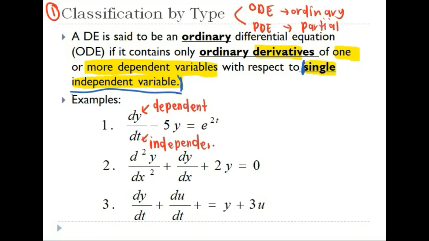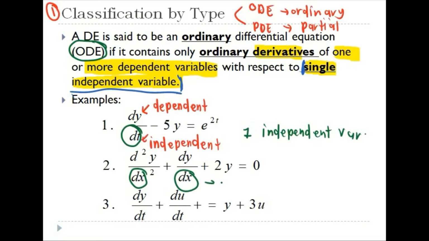So for ODE, it must contain only one independent variable, meaning you have to look at the denominator here. For the second example, at the bottom we only have x as the independent variable, and here also one dependent variable.